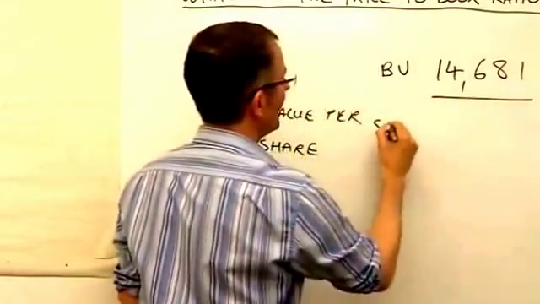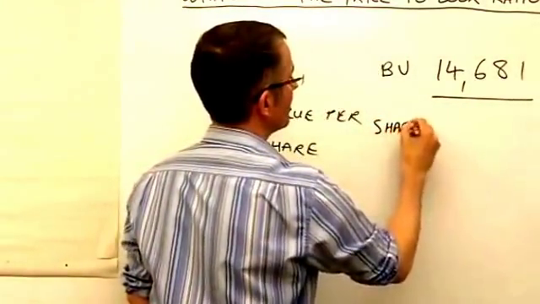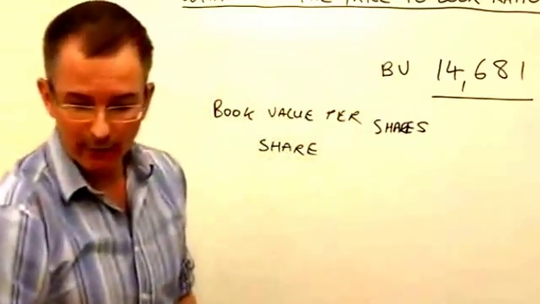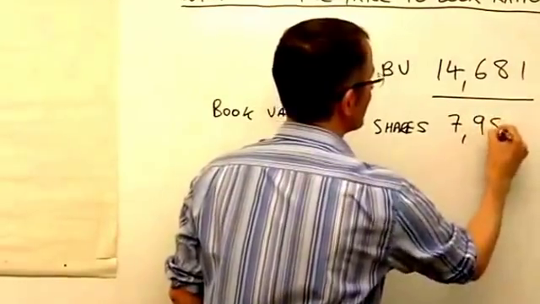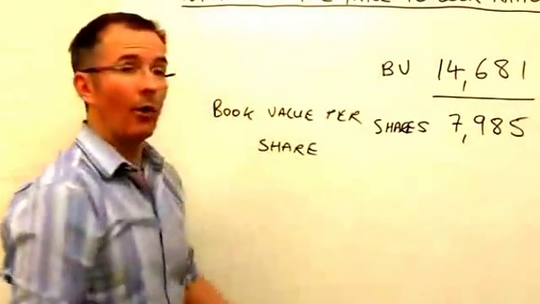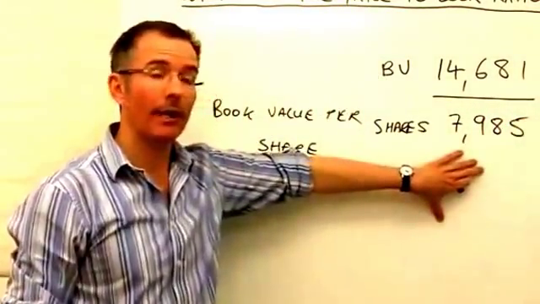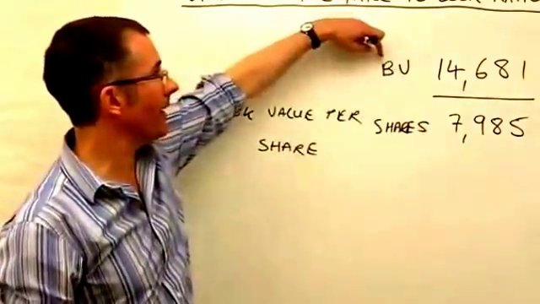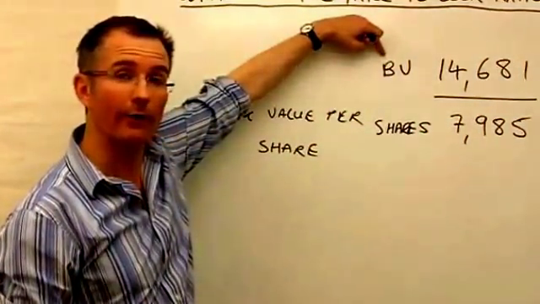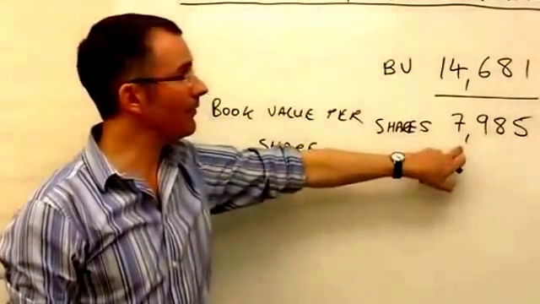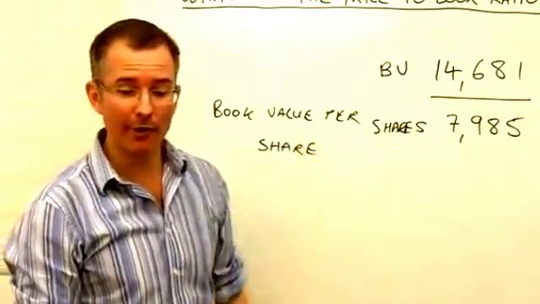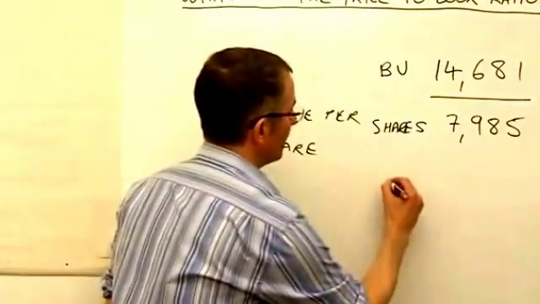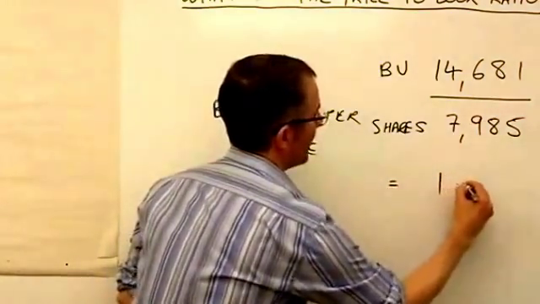Number of shares issued is, on the latest count, 7,985. So, a little sort of back of an envelope calculation there suggests that if I take the book value of all of Tesco's assets, divide by the number of shares it's issued, the book value attached to every share is around £1.84.